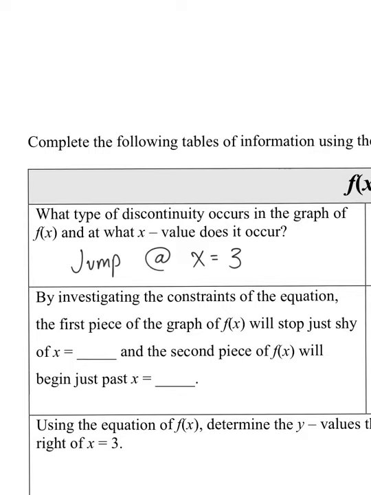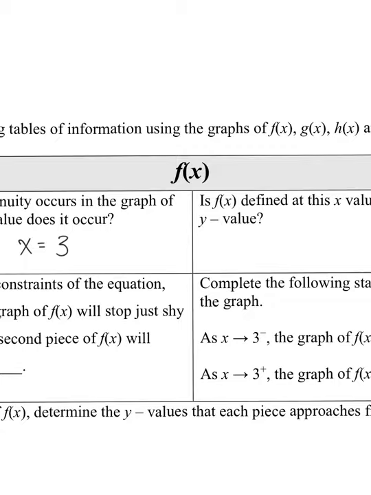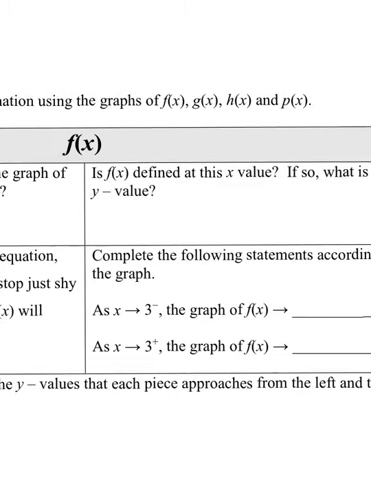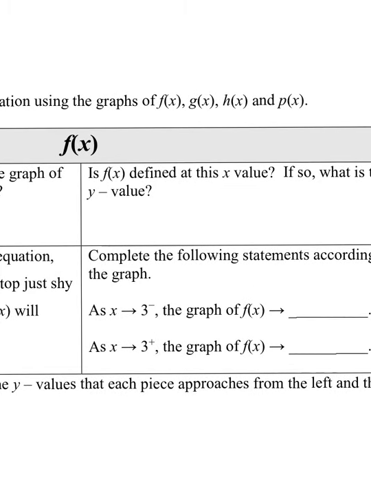Now, here's the million-dollar question. This is what we want to figure out. Is f of x defined at this x value? If so, what is the y value? So we want to know if f of 3 is defined, and if it is defined, what's my y value?